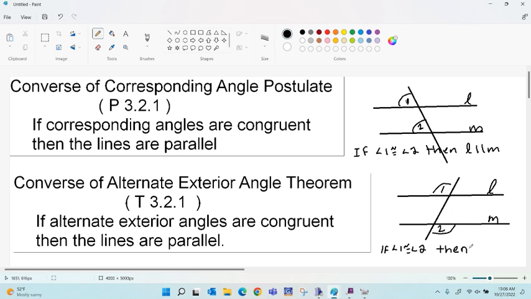I don't know. Alana, what do you think? They would be parallel, so L would be parallel to M. The notation is, when you've got the two lines there like this, that means parallel. So angle 1 congruent to angle 2, then L is parallel to M. So that's the converse of the alternate exterior angle theorem. All of the conclusions for these four that are on the front of this page are going to be then the two lines are parallel.